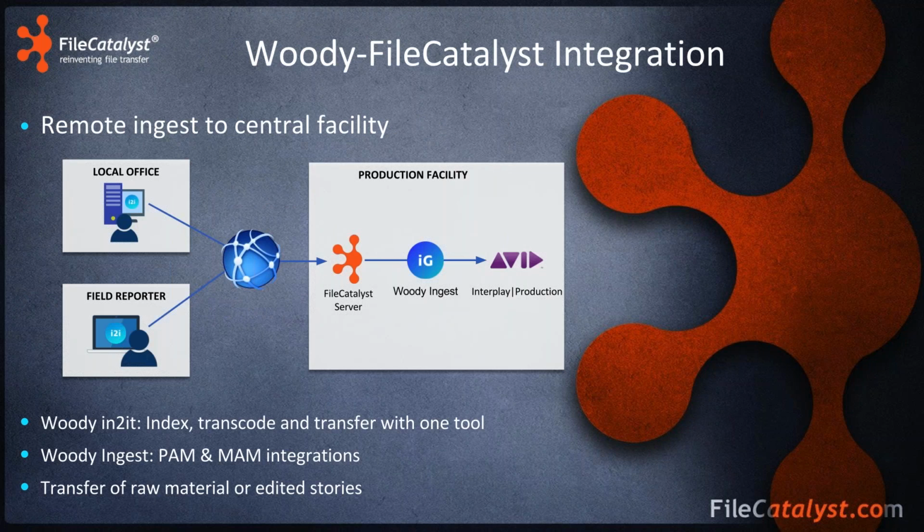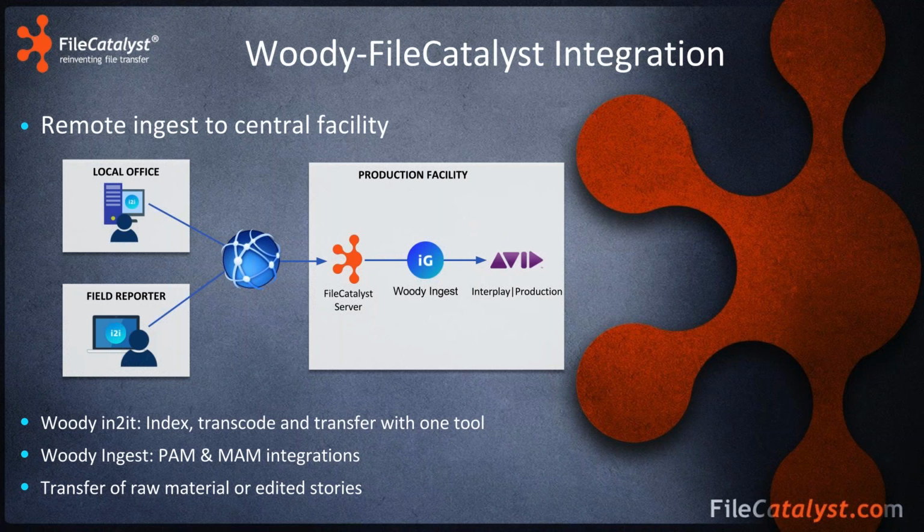We will look at the first one more in detail because I'm sure it can be interesting for most of you. It's about remote ingest. So you can have local offices or field reporters and a distant production facility with, let's say, an Avid Interplay production system and Avid storage in place.